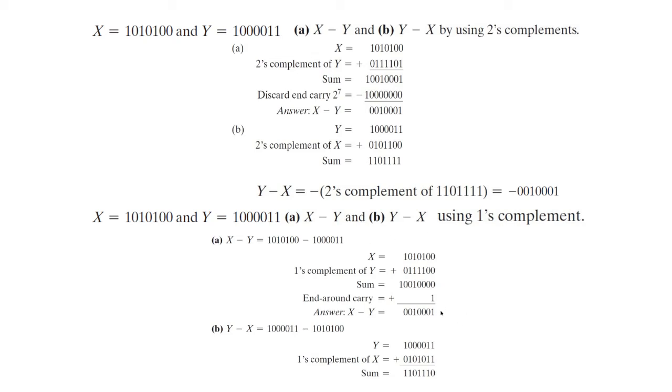In this case you do an end around carry: if you get a carry over here, you bring it back around to the right and just add it in. In the second case, at the end you just add 1 to it, which is essentially like doing the 2's complement after the fact. For the most part, we're going to be just doing the 2's complement. We won't worry about this; it's just another way to show you how you could do it.